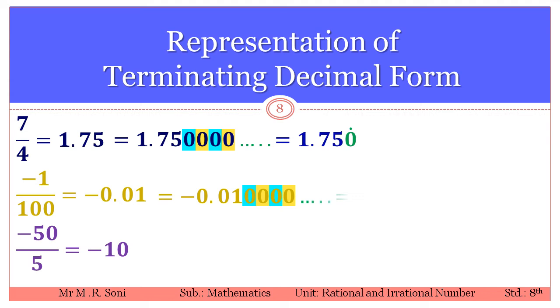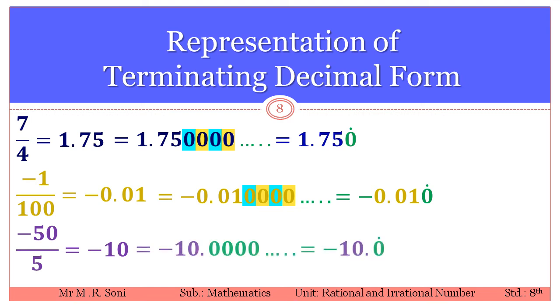Now we get negative 0.010 dot. Negative 50 upon 5 is equal to negative 10, which is represented in a very similar way as the above two examples.